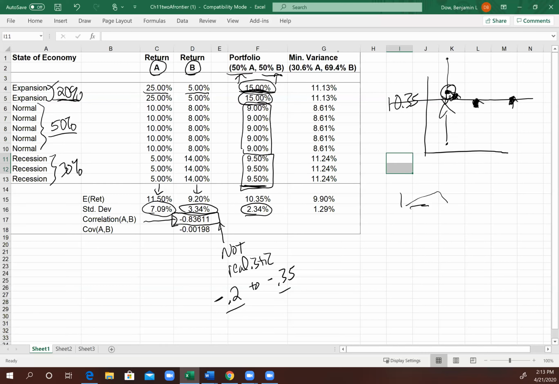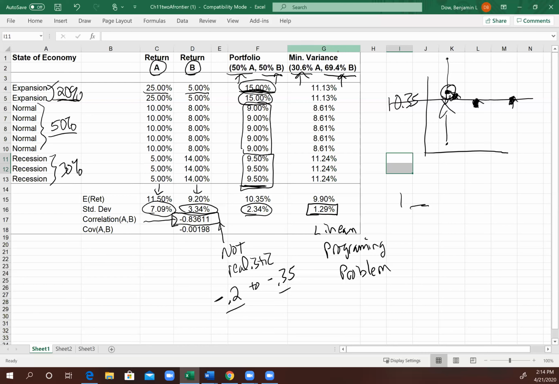You can actually calculate something called a minimum variance portfolio, and you can find where the standard deviation is minimized. It's just a linear programming problem, and you may have learned about linear programming in another class. So we have a linear programming problem that says, try to find the minimum variance by changing these values.